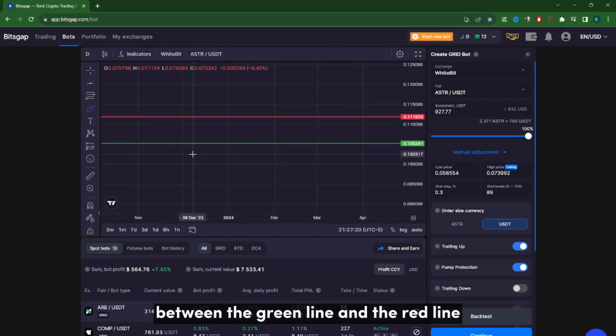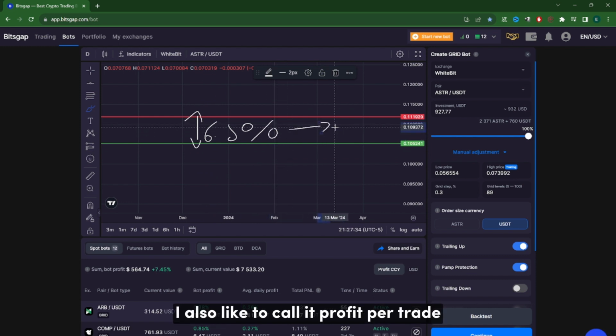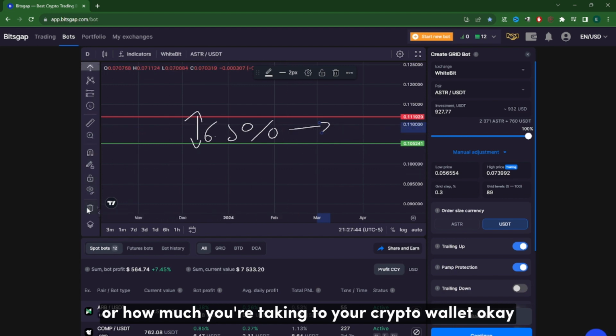Between the green line and the red line, green being the buy order and red being the sell order, there is that gap, that difference, which is called the grid step percentage. I also like to call it profit per trade. Every time your bot makes a buy order and a sell order, that is your profit per trade, how much you are taking home, or how much you are taking to your crypto wallet.